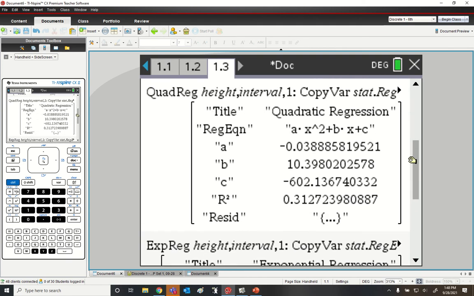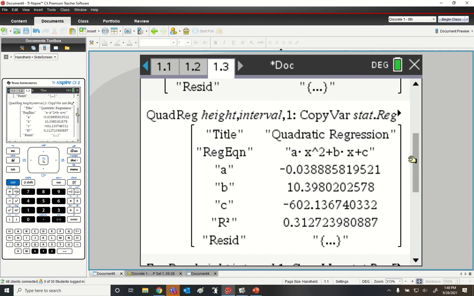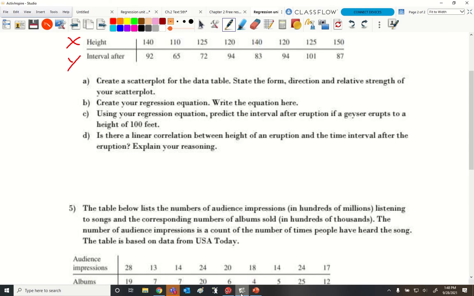So let's go ahead and write down this equation. Negative 0.04. So let's write that down. My equation is y equals negative 0.04x squared, right?